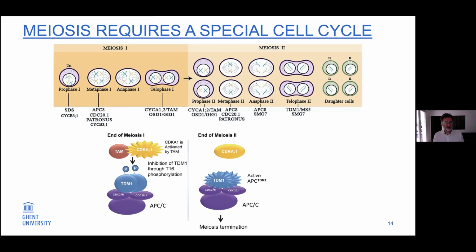What we know about this cell cycle progression of meiosis is that it involves a change in the activity of the regulators of the cell cycle machinery, which are typically the CDK cyclin complex regulators. And CDK cyclin complexes control the process of, for example, cytokinesis.